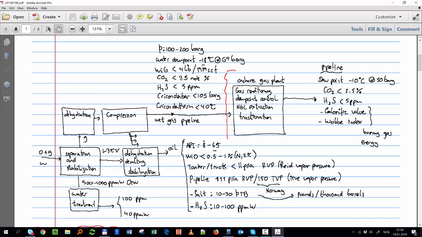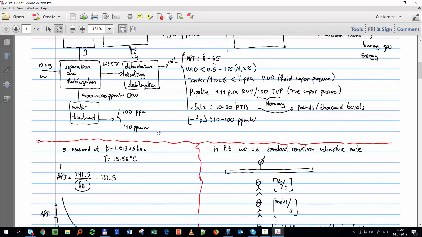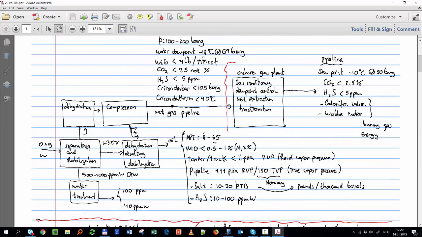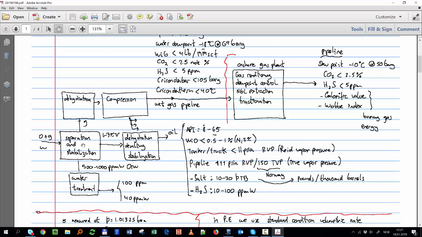And when we talk about water, there are some things we have to take care of when we look into oil and gas, depending on which part of the process we are. And then we came to the central part of that process, the one I'm going to teach you these two weeks, which is separation and stabilization. We were looking more in detail into that box.